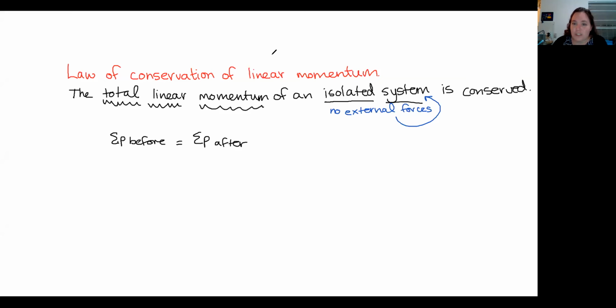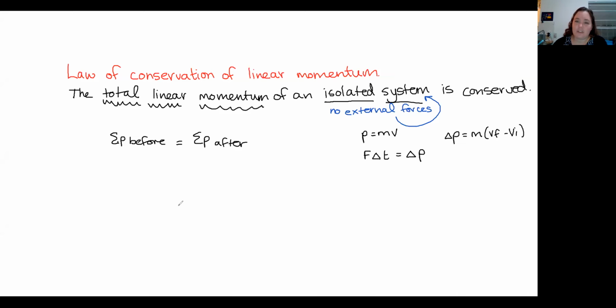On your formula sheet, you've got the equation p equals mv, and the equation FΔt equals Δp. And I think you've got something about Δp equals m(vf minus vi). But you've got nothing about the law of conservation of linear momentum.